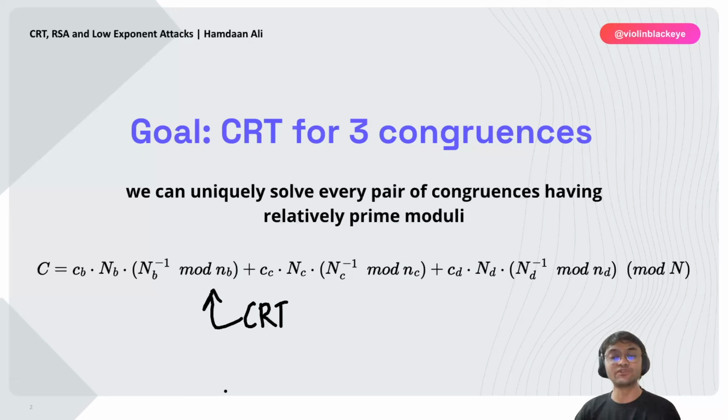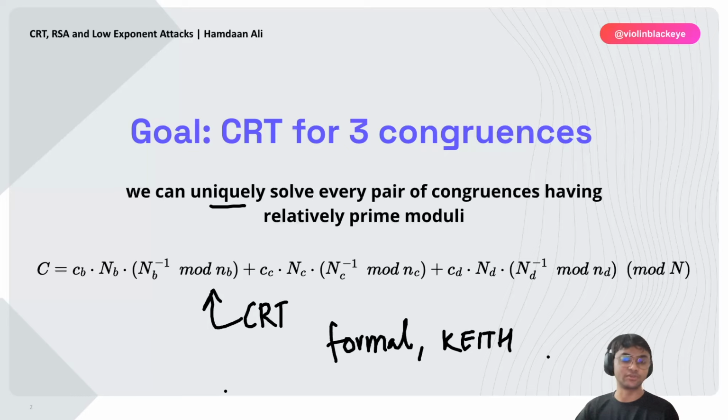This will help us demonstrate the attack. The goal of the lesson is not to prove the uniqueness of the solution. If you are looking for a formal proof, you may check out the content by Keith Conrad at UConn, University of Connecticut. He has documented a formal proof by induction. You may find the link to that document in the description section.